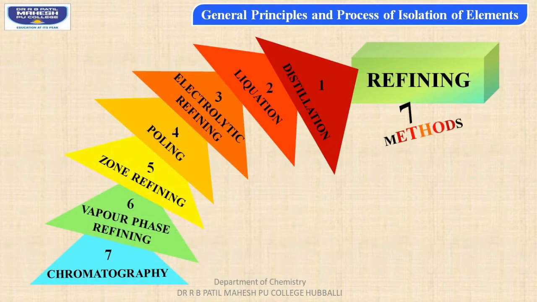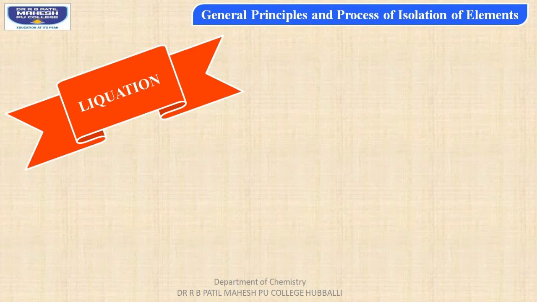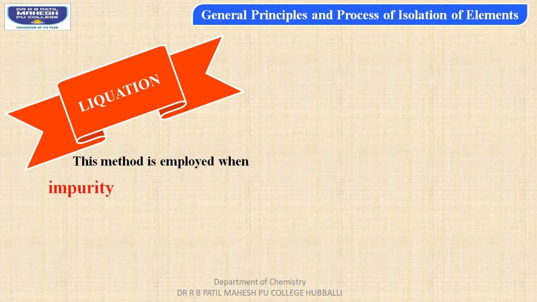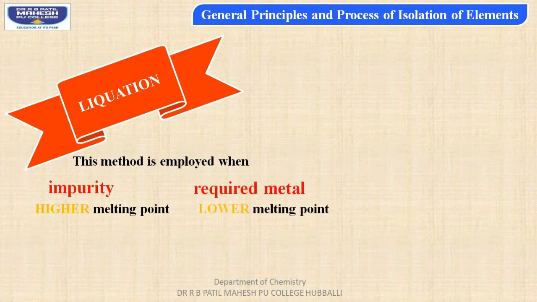Now let us consider the second refining method, that is liquefaction. The liquefaction method is employed when impurities have a higher melting point than the required metal, whereas the required metal has a lower melting point.